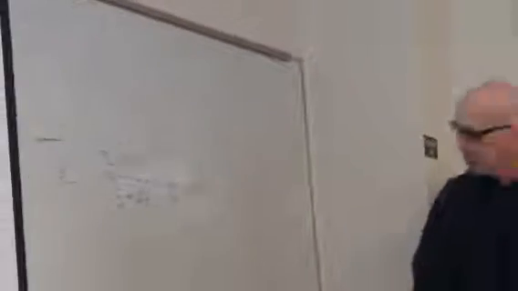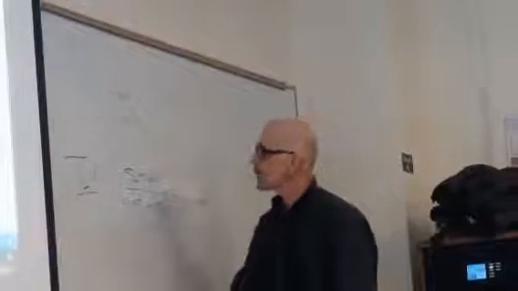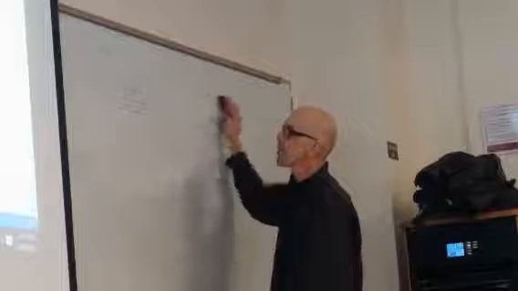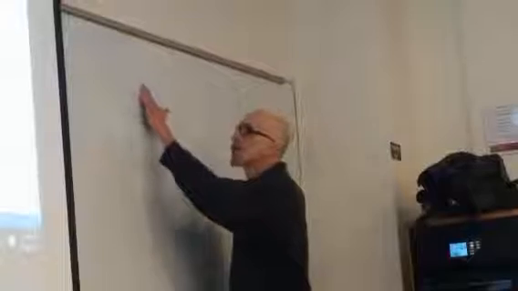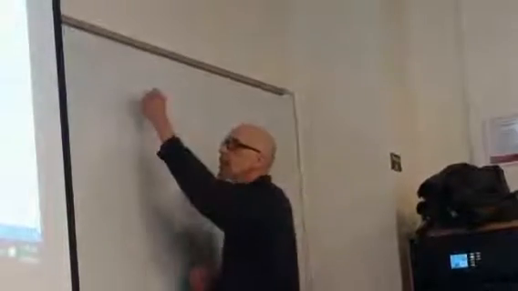This controller, this problem was meant to be extremely simple. You've got a controller that looks like this. Specification 1 says that the controller must cancel the plant pole at -1. What does that mean? The controller has to have a 0 at -1. I was trying to make life really, really easy for you.